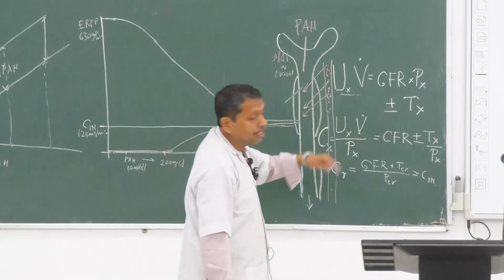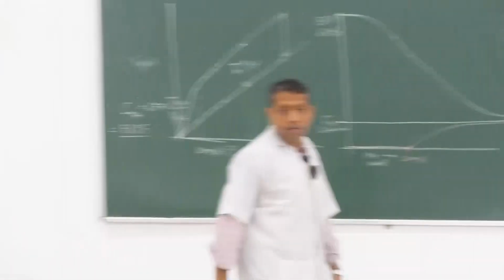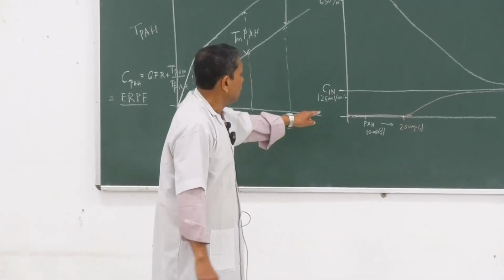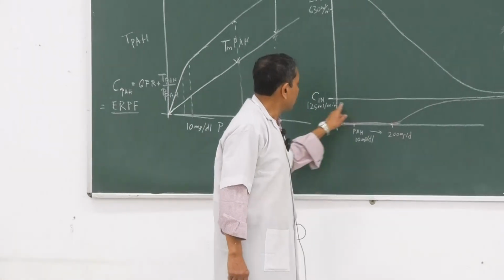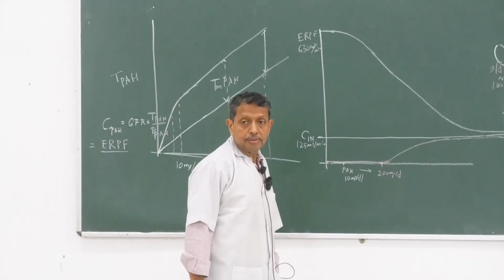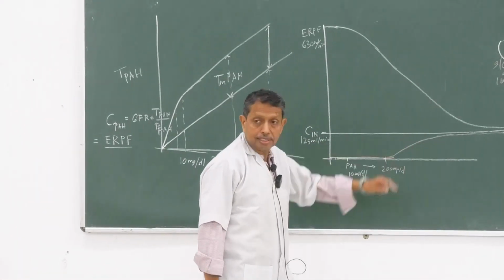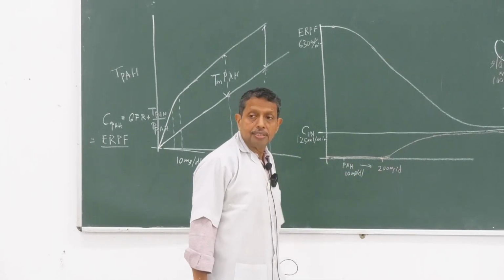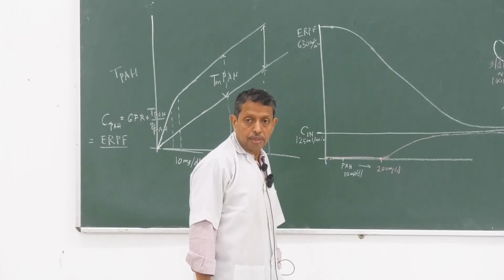But when it exceeds the TmG value, it will go on increasing, and it will try to approach that of the GFR or clearance of inulin, but will never touch it, because some amount is reabsorbed, never touch it.